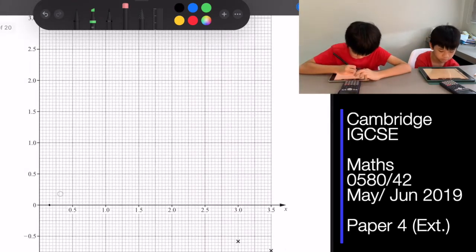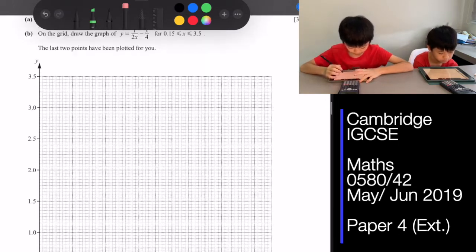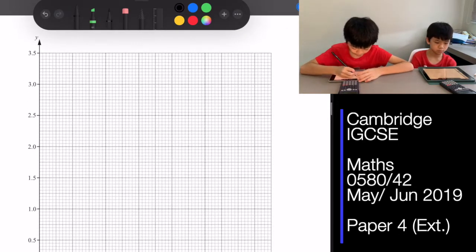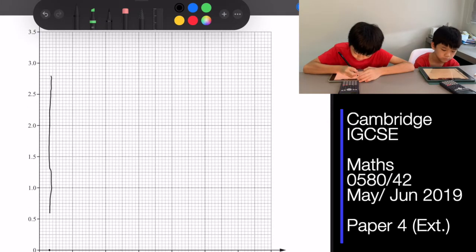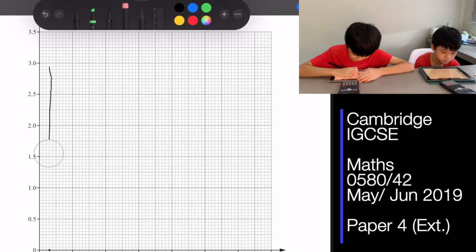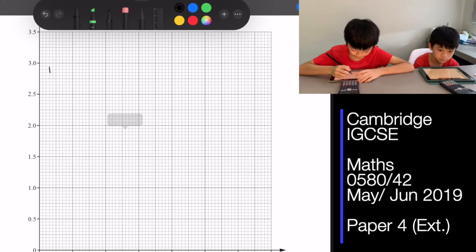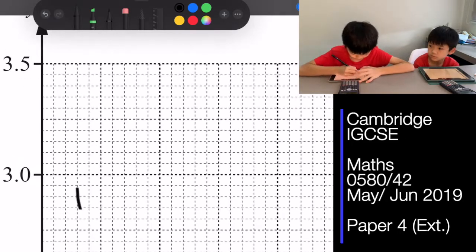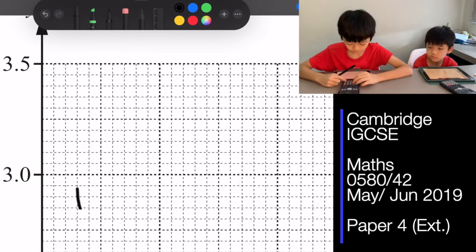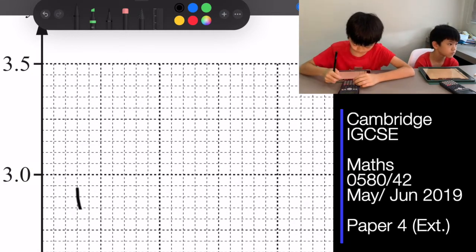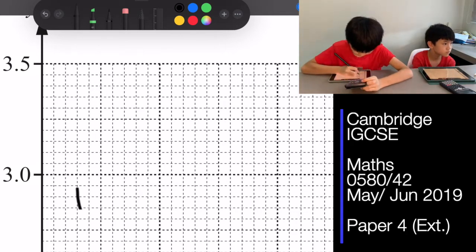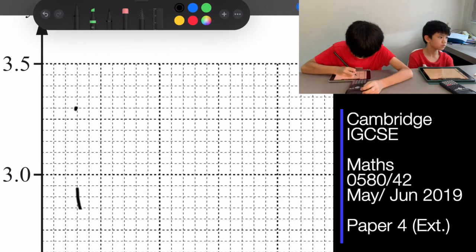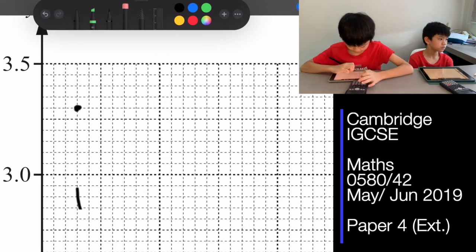It's over there. Then y is 3.3, so 3 over here, bringing it up, 3.3, so this is 3.25. So it's over here. This will be our first plot.